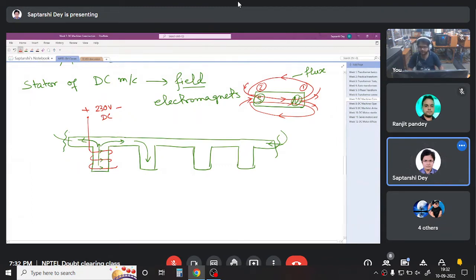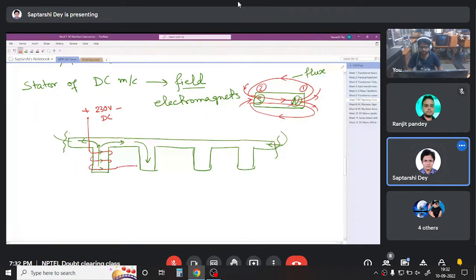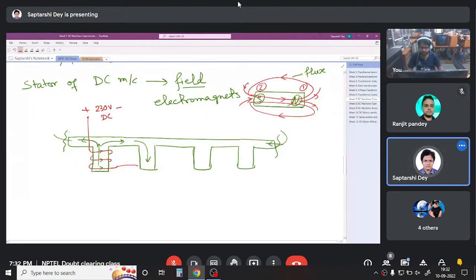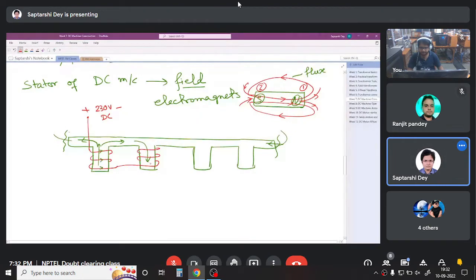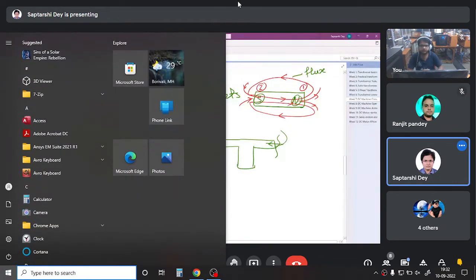So the current should be in what fashion? It should be the opposite. So the winding should be in this fashion. Should be the other way around.